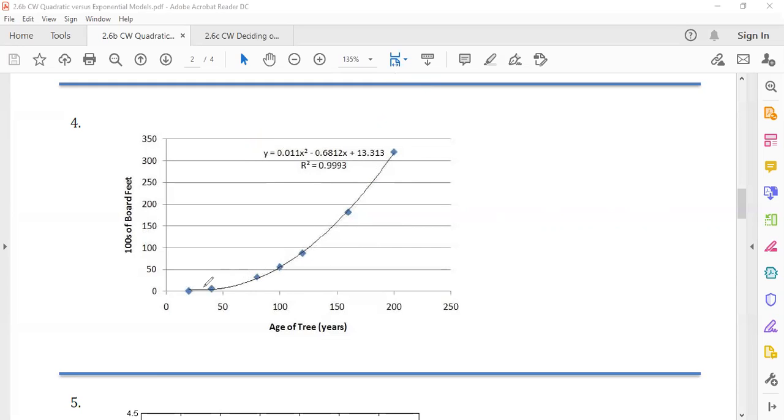If this was more of an exponential, if we were to use these flatter points here, we would have had something with a much sharper turn to get to here. Or if we're using this point here, we would have had flatness, flatness, flatness, and then a sharp turn up.